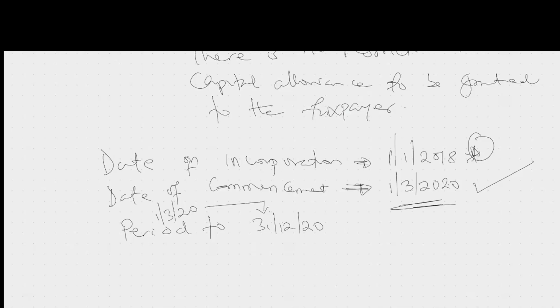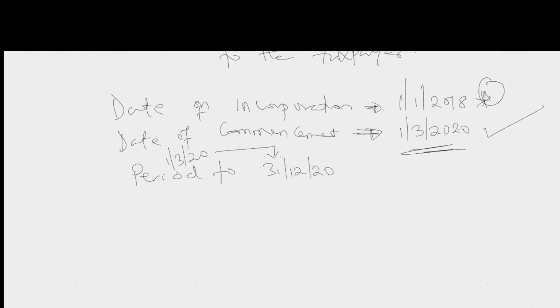Okay, they gave us profit for all those periods, and they now told us that some assets were acquired. So the first asset was acquired on April 5, 2020. So that falls within that.